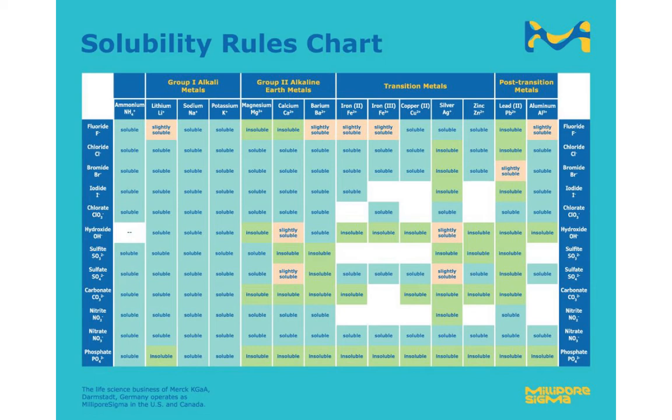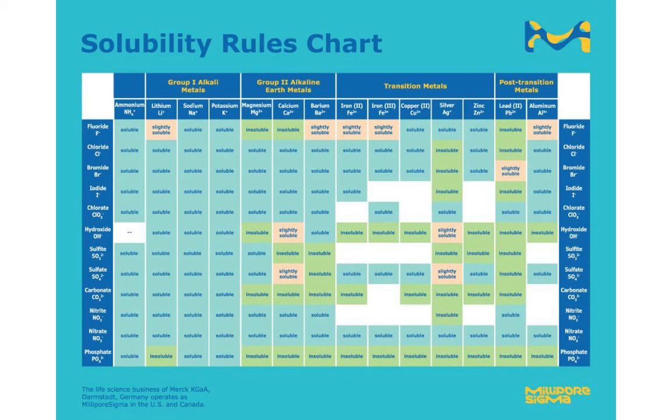However, anything that is in green is going to be insoluble. If you look at ammonium salts here, all of these are soluble. That was one of our rules, right? We also had our group 1 metals, which for the most part are going to be soluble. There are just a couple of exceptions, lithium phosphate here, and lithium fluoride is slightly soluble. Otherwise, all of your group 1 are going to be soluble.